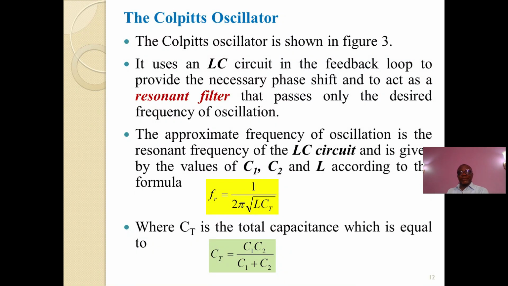The Colpitts oscillator is shown in Fig 3. It uses an LC circuit in the feedback loop to provide the necessary phase shift and to act as a resonant filter that passes only the desired frequency of oscillation. Now, in electric circuits, we have what we call filters.